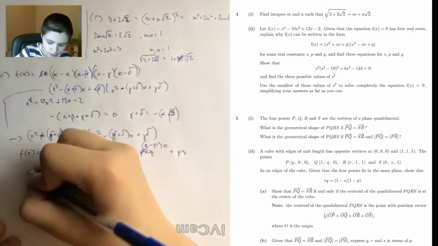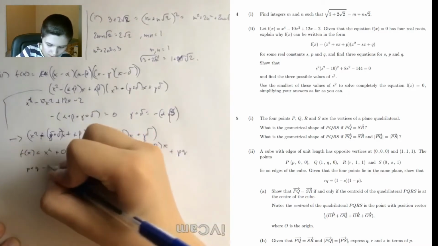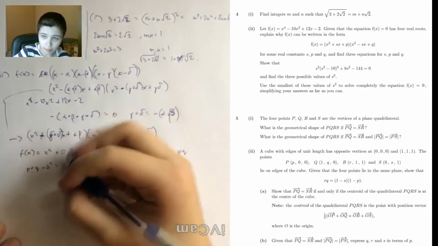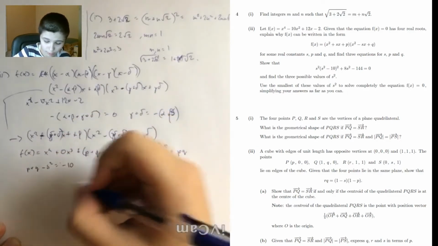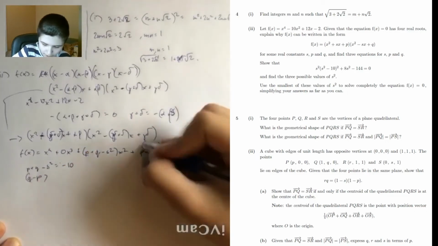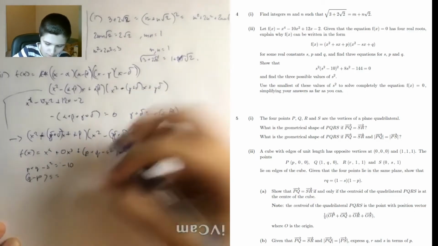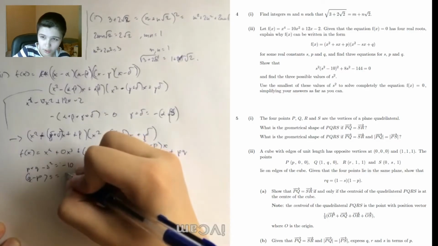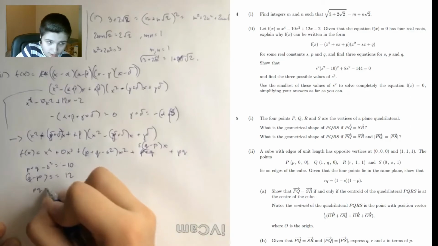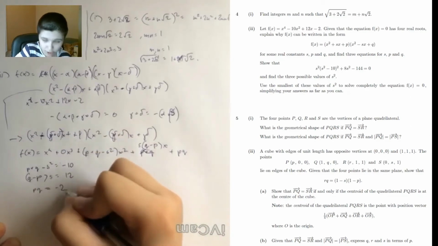And so p plus q minus s squared is equal to minus 10, s times (q minus p) is equal to 12, and pq equals minus 2.